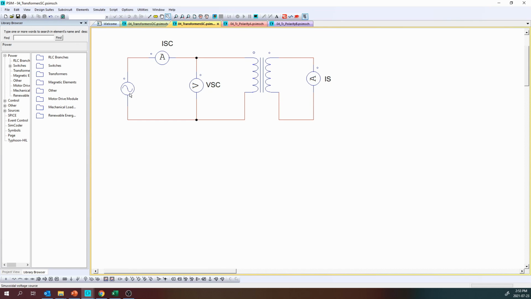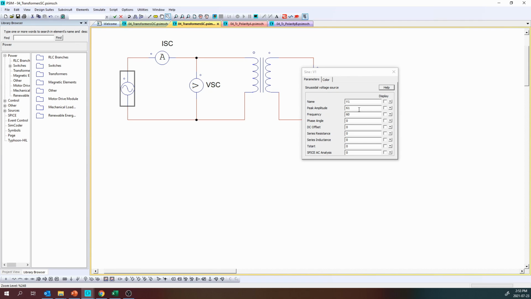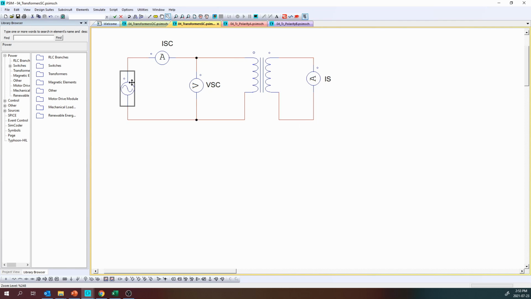What you need to do is change this peak amplitude, usually starting with a small value, and simulate until you see the nominal current for the secondary circulating in this short circuit, so on the secondary current. Once you achieve that goal, you take the measurements for the short circuit current and short circuit voltage, and of course you're going to need the power too.